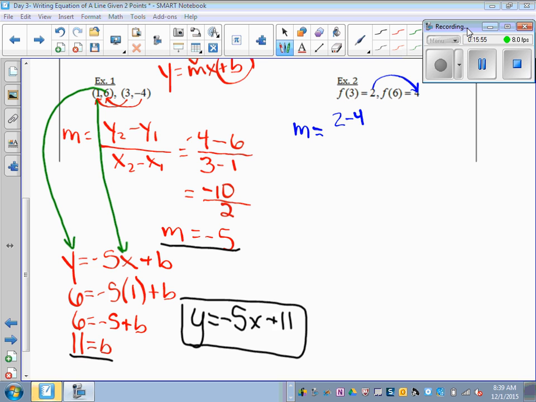And then it's in the same direction, 3 minus 6. Again, you could have gone the other way. Does not matter. I'm subtracting my y's, and then subtracting my x's and dividing the two.